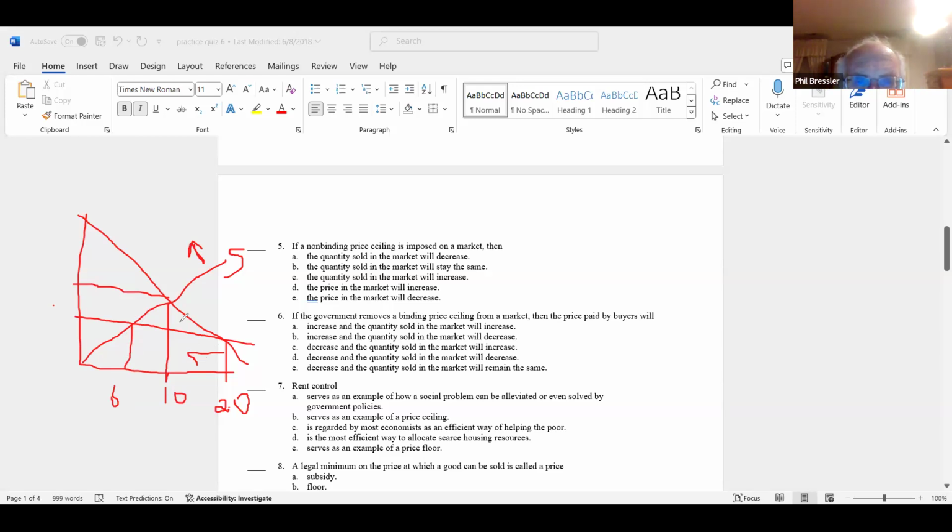The price will increase and the quantity sold in the market will increase. So that'd be A. Did that make sense, Ben? Okay. Now, I'd be aware of what I just talked through. So, price would increase, quantity supplied would increase, and quantity demanded would decrease.